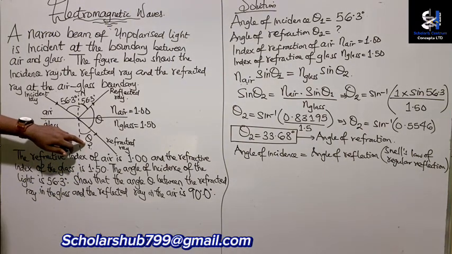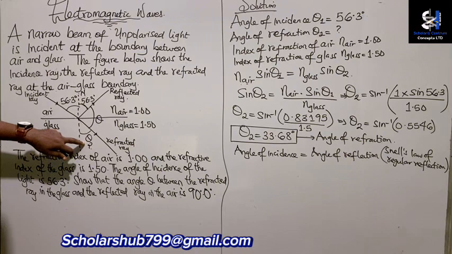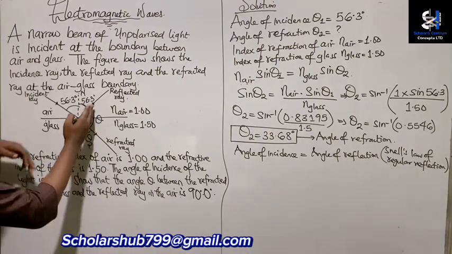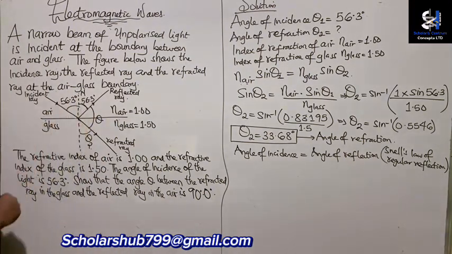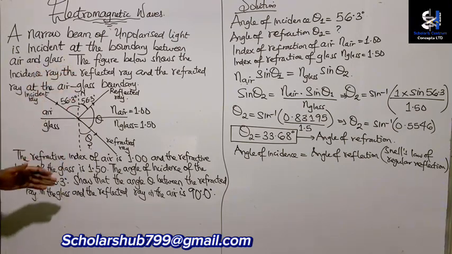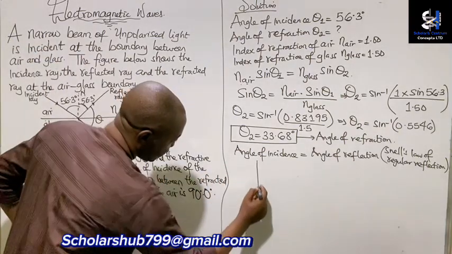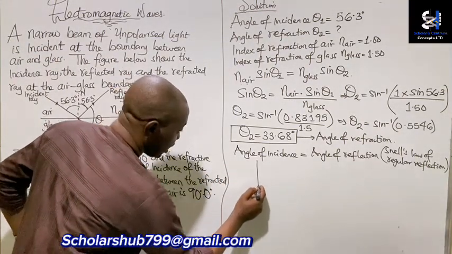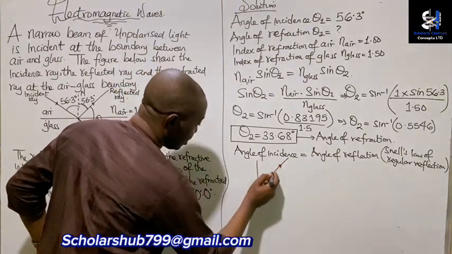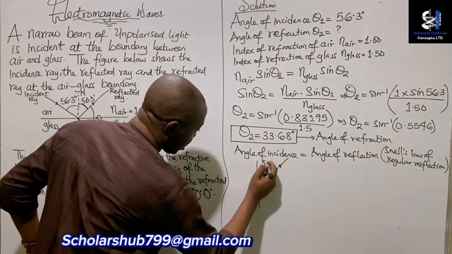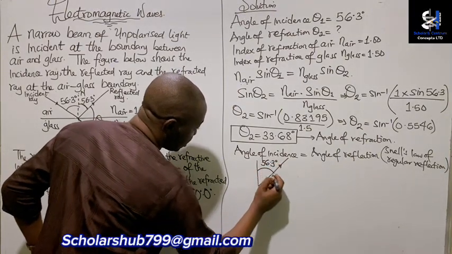So when we know the value of theta 2, we can find the value of theta. What we have here is a straight line with these three angles. This is the reflected ray, making 56.3 degrees.